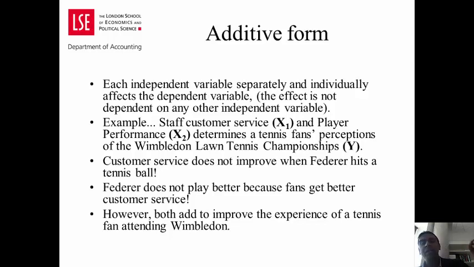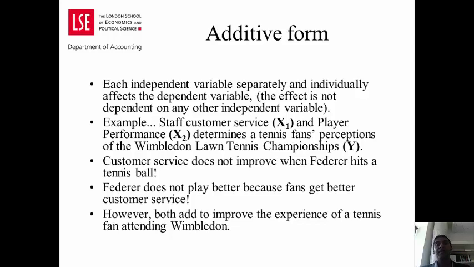So the better the customer service fans get at Wimbledon, the better players play, the happier the customer. That's the story. X1, X2, and Y. But we know that customer service does not necessarily make Roger Federer hit the tennis ball better. So player performance doesn't go up if customer service is higher.